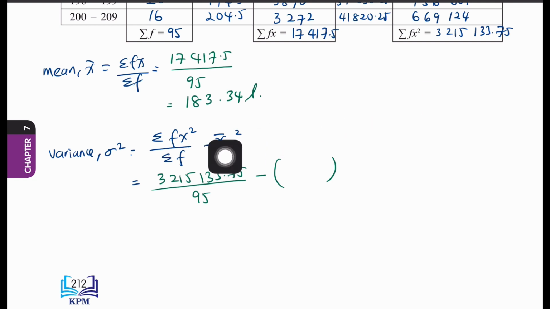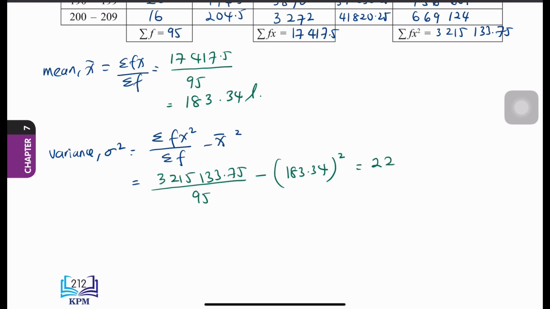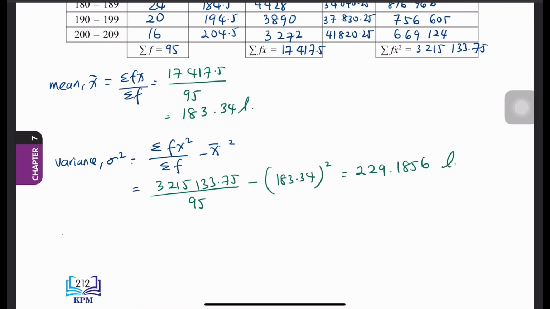X bar is the previous value yang kita dah dapat, 183.34, kita square kan. So tekan calculator hati-hati. So kita dapat 229.1856 liter.